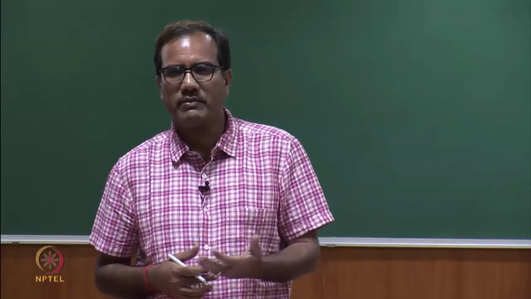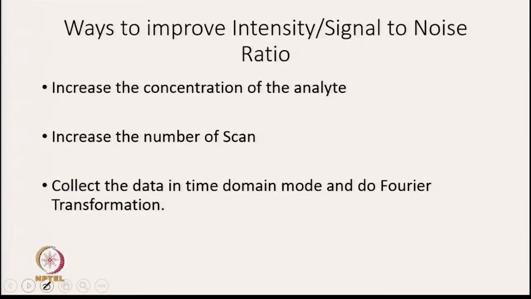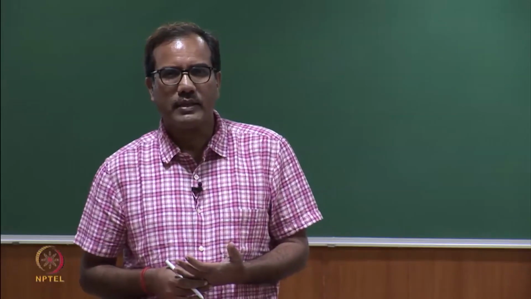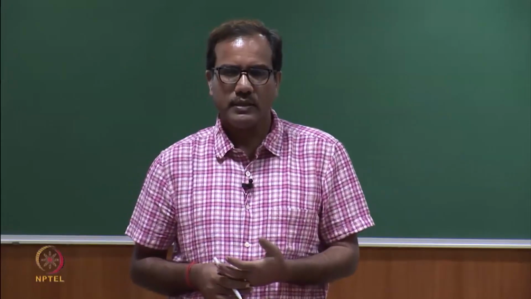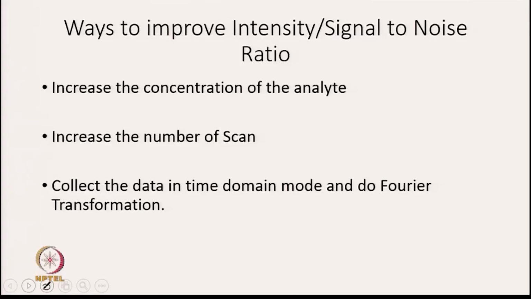So, one of the easiest ways is to increase the concentration of the analyte, and that should increase the signal, but sometimes it is not possible to increase the concentration, so what can be done? Another way is to increase the number of scans.